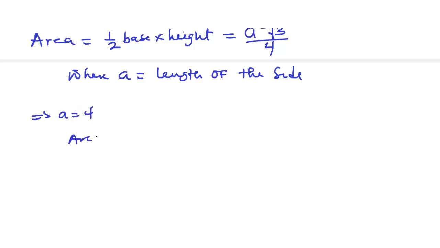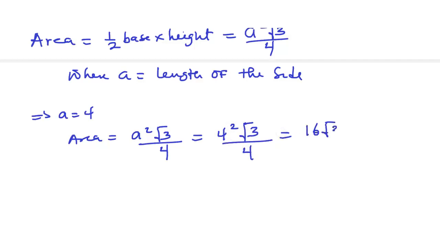So area is A square root 3 over 4, that is 4 square root 3 over 4, and 4 squared is 16 root 3 over 4. 4 into 16 is 4. That will give us 4 root 3. That is if we're given such a question. I just use that as an illustration.